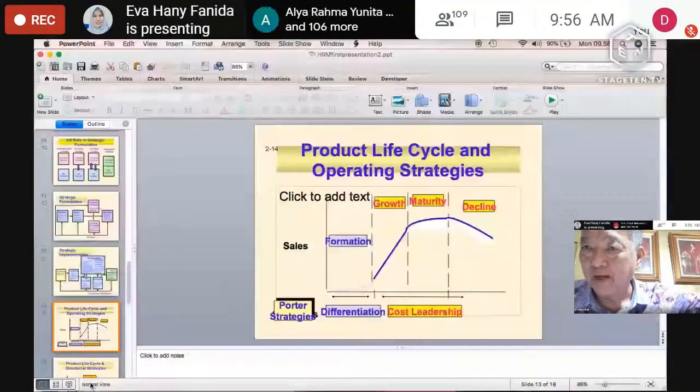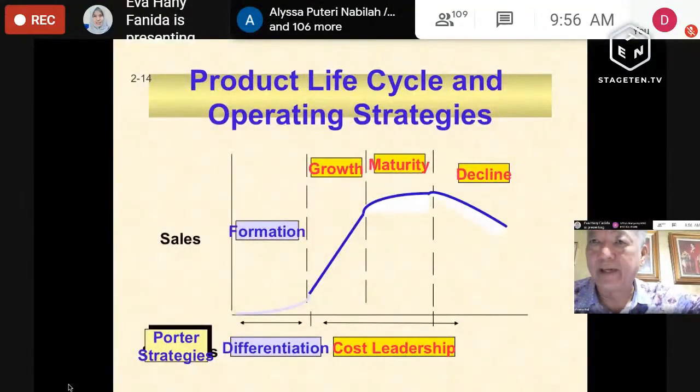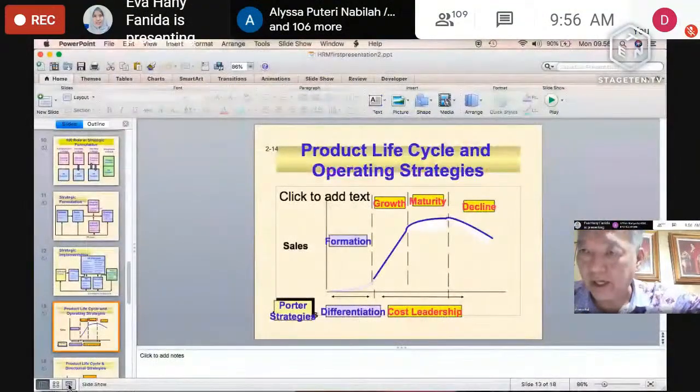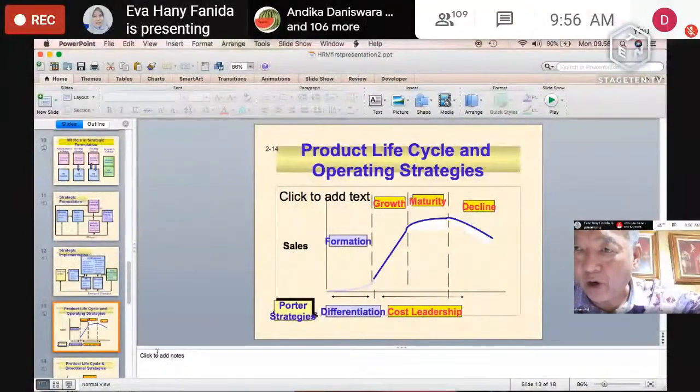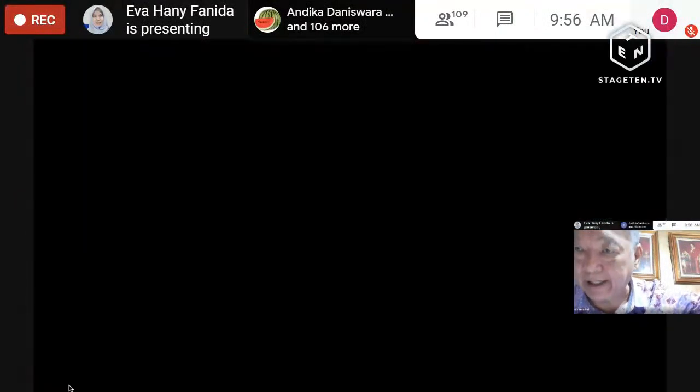Right now I will focus on the private sector or business sector, not the public sector.